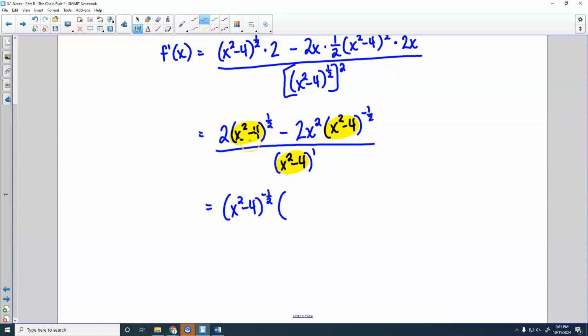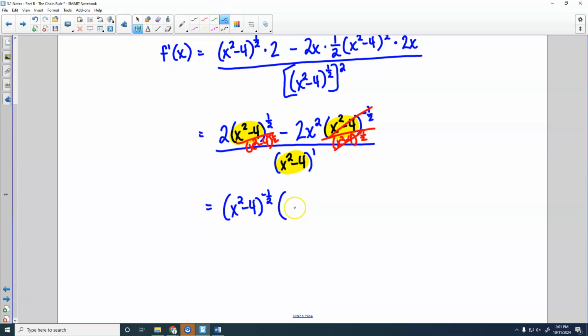And so when you factor this out, you are like dividing by x squared minus 4 to the negative 1/2. Okay? On that second term, it just cancels out. But on the first term, what are you going to get whenever you do x squared minus 4 to the 1/2 over x squared minus 4 to the negative 1/2?